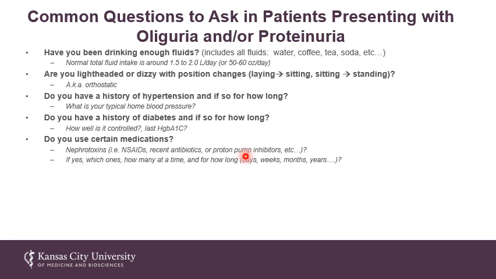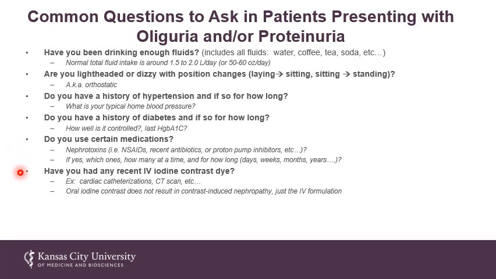Examples are like Protonix, Prilosec. If yes, which ones are you taking? How long have you been taking them? For days, weeks, months, years? A lot of people will tell you that they've taken ibuprofen on and off for most of their life, 4 to 5 times a week with 4 to 5 pills at a time throughout the day.